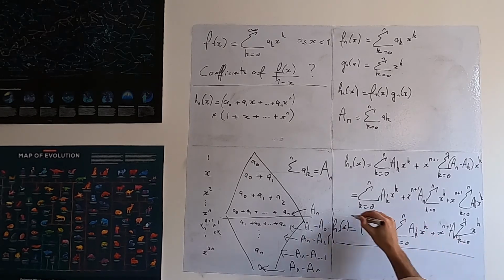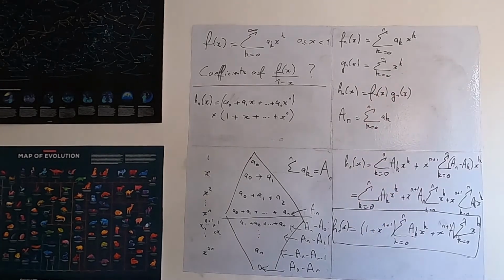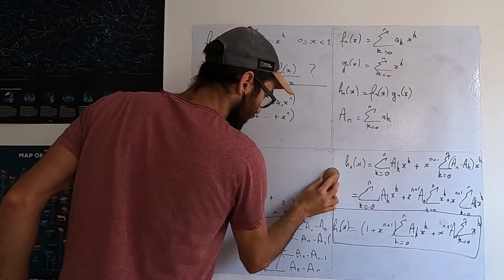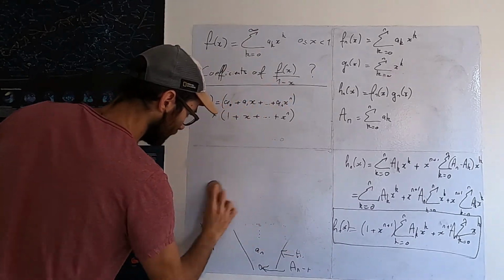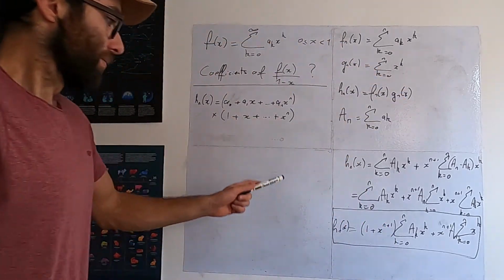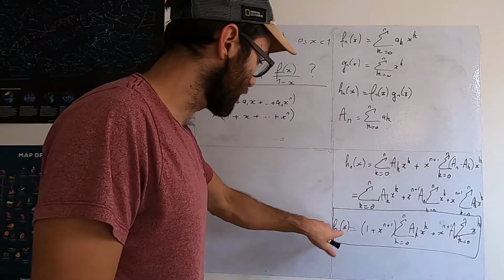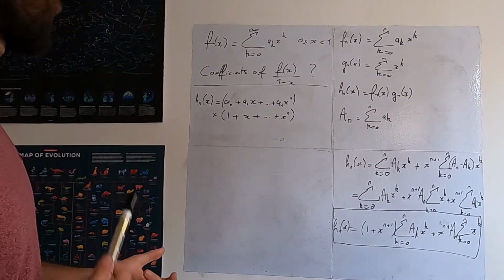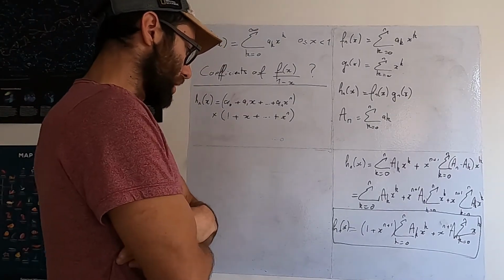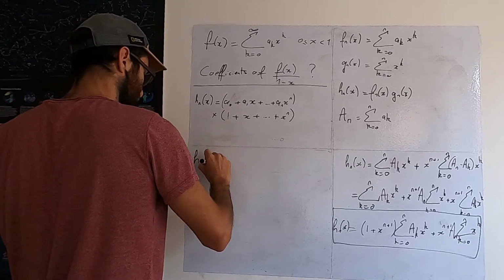So let's look at this formula. Let me erase this. What we have here is a formulation of the partial sum of h, and we want to study it and check what happens when n tends to infinity.